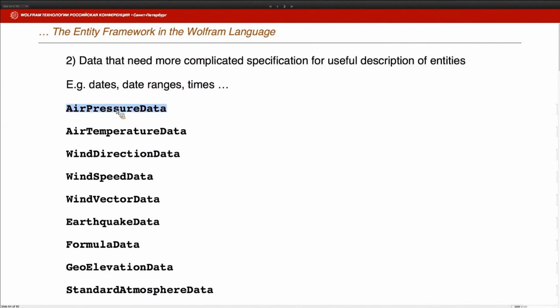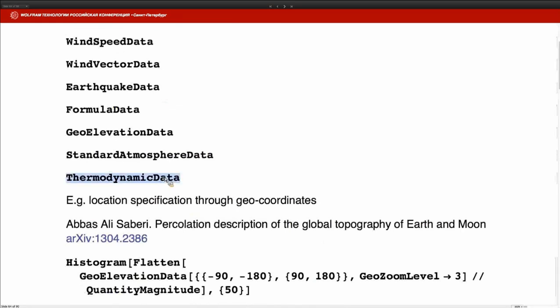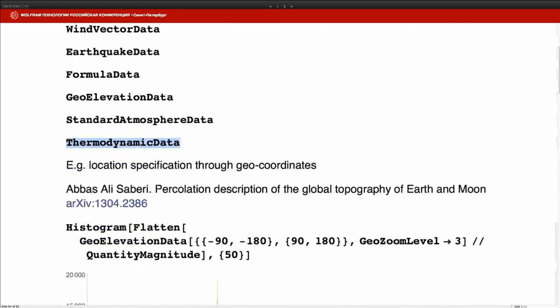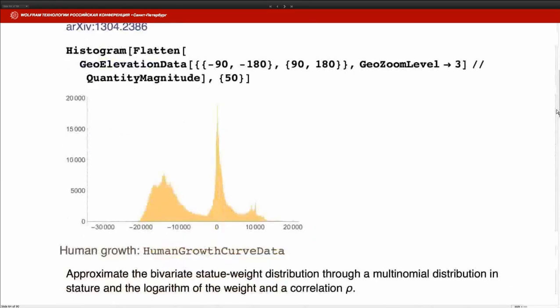Air pressure of what? Of course, of a geographic position, so we need a function that has a different argument structure than EntityValue. Similar for a large variety of other functions. Or ThermodynamicData. You have a certain material, you want to know at a certain pressure and temperature what is its density. That wouldn't fit very nicely.